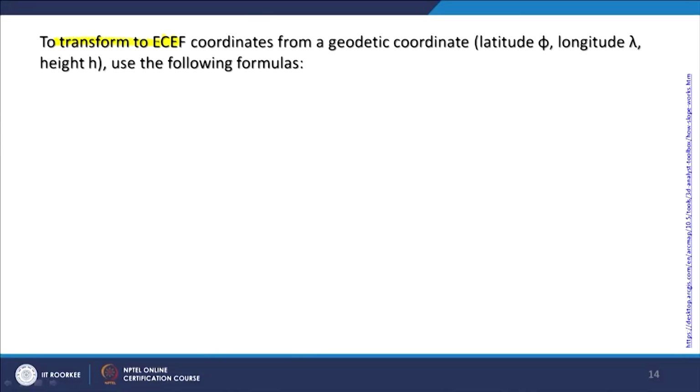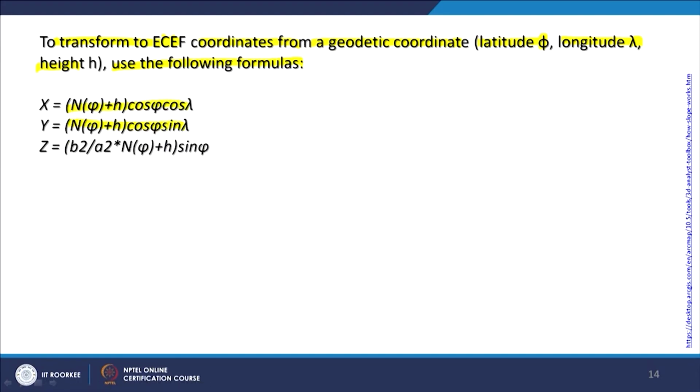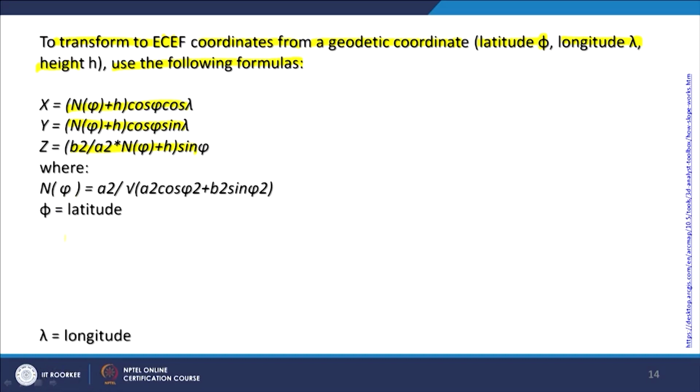So, to transform our ECEF coordinate system to a geodetic coordinate system, that is in terms of latitude, longitude and height, the following formula can be employed: X for x like this, for y like this, and of course for z like this. Here, there are further details for latitude, longitude and heights.